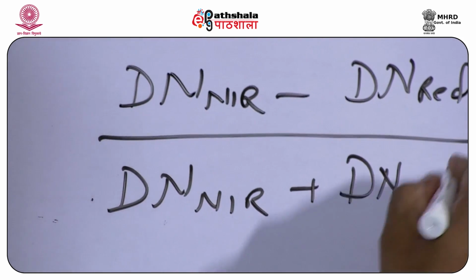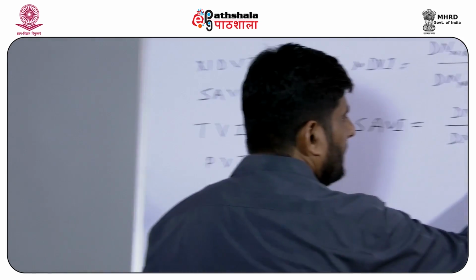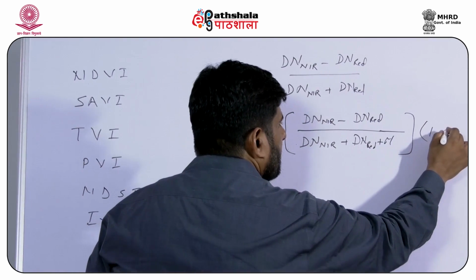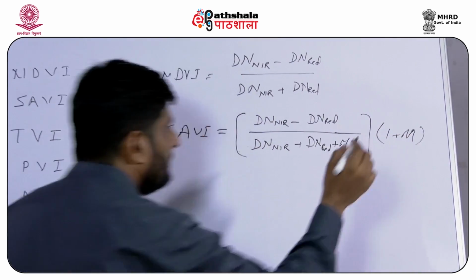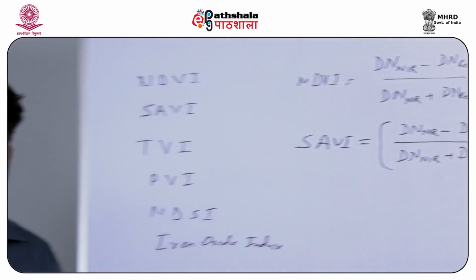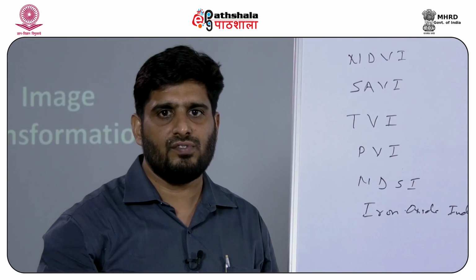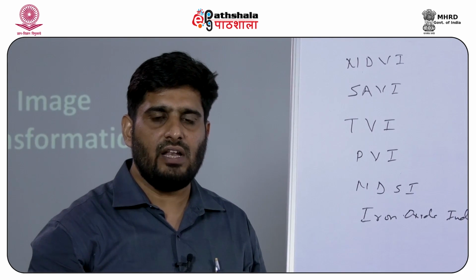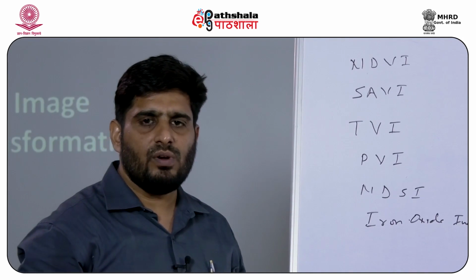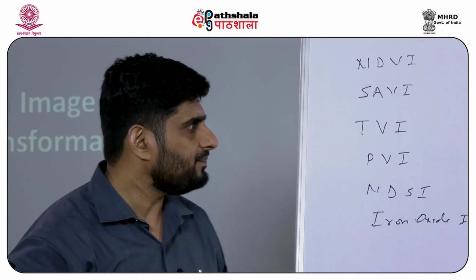So, here we introduce one constant in this SAVI, that is m, and we add here m and then multiply this entire expression with 1 plus m. Now, this m is a constant which adjusts the index for different conditions of soil. For intermediate soil, the value of m is kept around 0.5. If m is equal to 0, then this SAVI becomes simply NDVI.